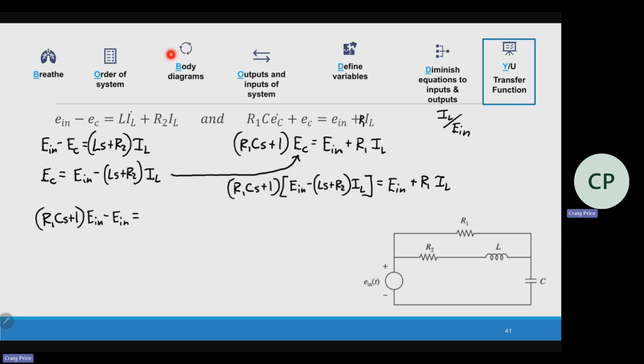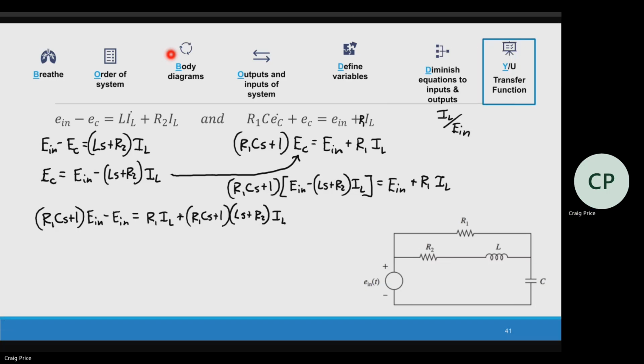And then on my right hand side, I have an R1 IL. And then I'm going to add this all over. So this is R1 CS plus 1 times LS plus R2. That's added to the right hand side because it was negative on the left hand side. And we're almost there.